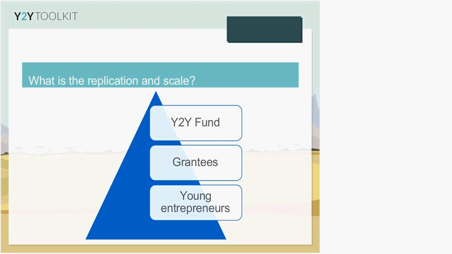Beginning at the fund level, other organizations are able to copy what the fund is all about in other areas and make some modifications, and increase it. That would be one form of replication, and of increasing your outreach, of course also scaling up at the same time.